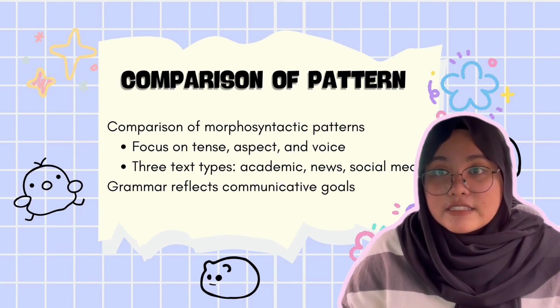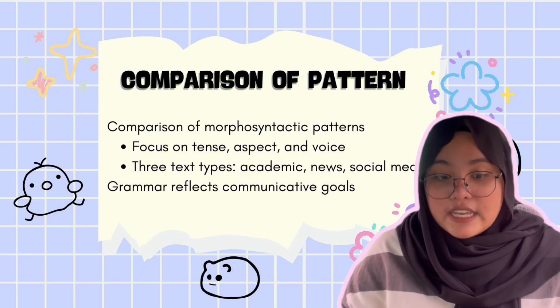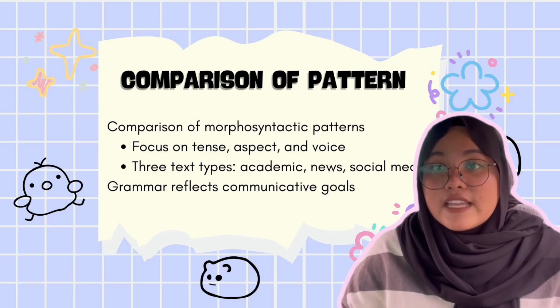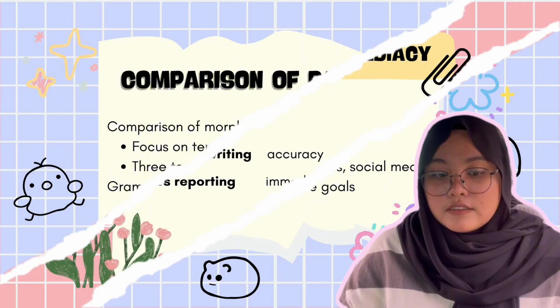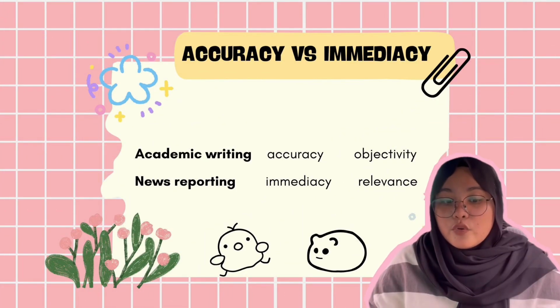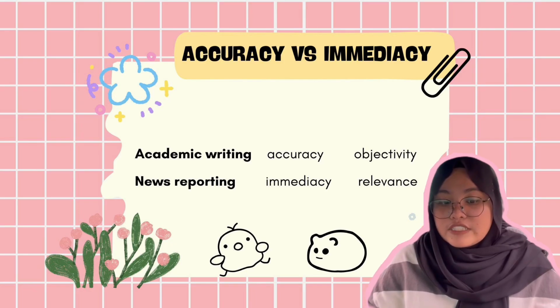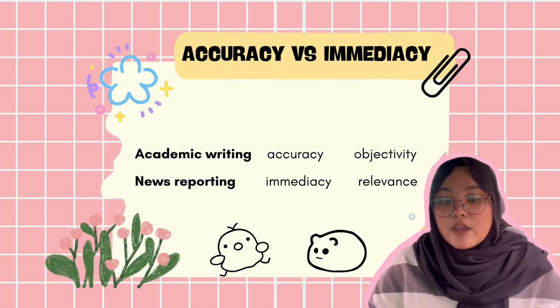By analyzing tenses, aspect, and voice quantitatively, we can clearly see how grammar supports accuracy, immediacy, authority, and accessibility. Now, we are showing that academic writing and news reporting differ significantly in their use of tenses and voice, reflecting their contrasting priorities.